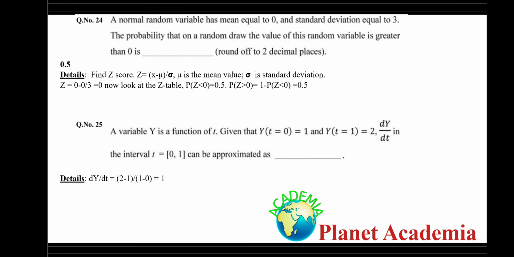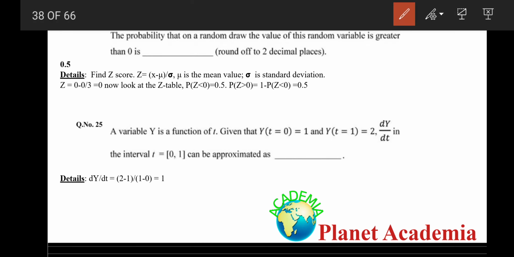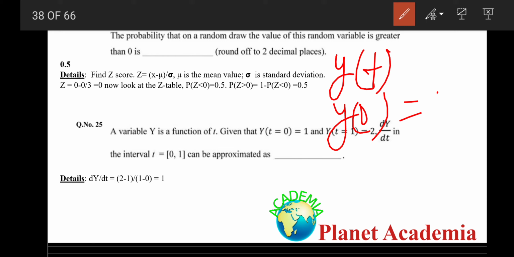So now go to the next question. The next question is: variable y is a function of t, and the value of y at t equal to 0 is 1.